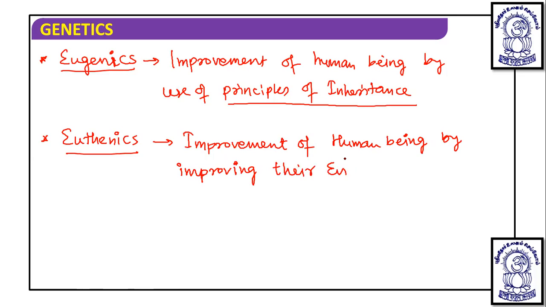So if human beings get improved due to change or improvement of their environment, then it is known as euthenics. And euphenics is also a study related to genetics.